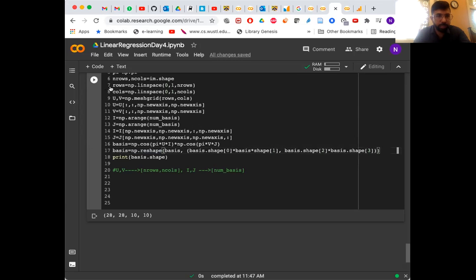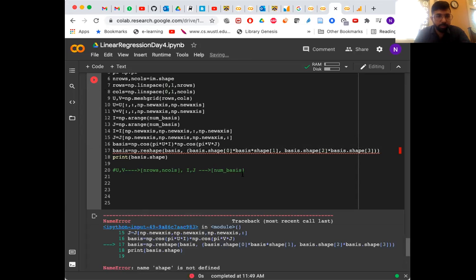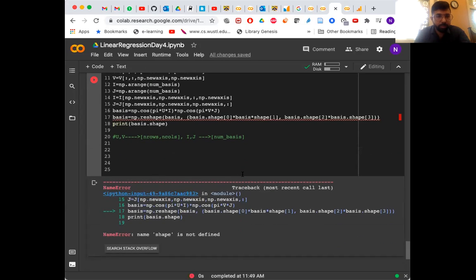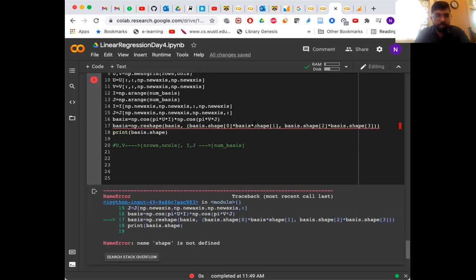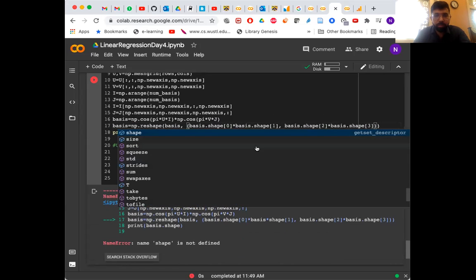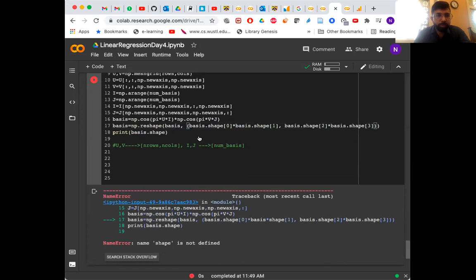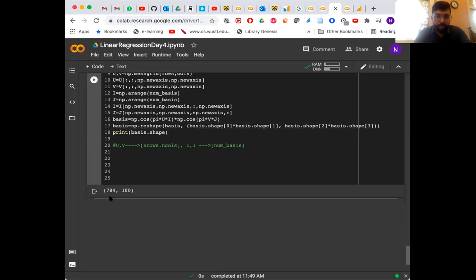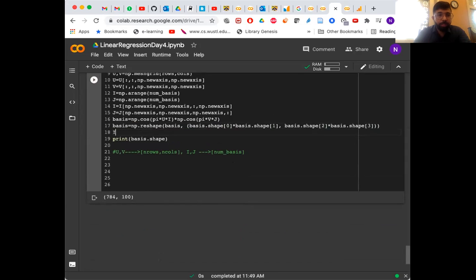So let's do it and let's have a look. Shape is not defined. Of course, this is basis.shape. Okay, that's exactly what we expect. Now let's do the same thing for the image.